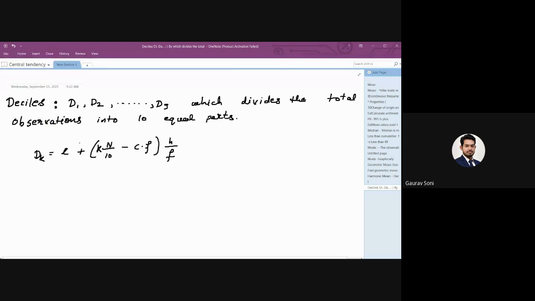Next one, what will be the formula? How many percentiles we will have? 99. 99 percentiles we will have.